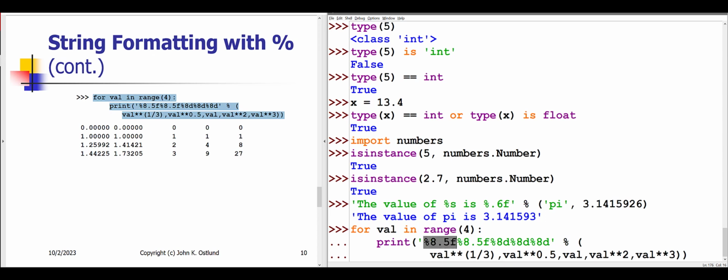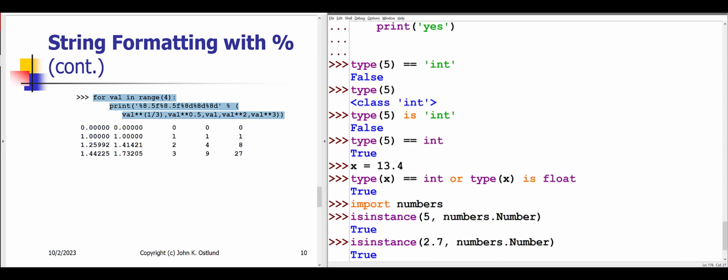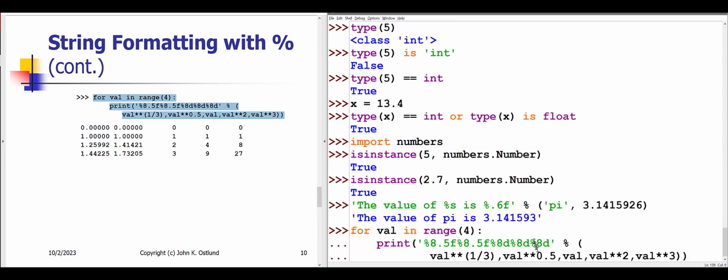The first 8-character wide field is a float with 5 digits after the decimal point. The second 8-character wide field, again, is a float with 5 after the decimal. Then we have base 10 integers, three 8-character wide fields. So I've got 5 8-character wide fields.